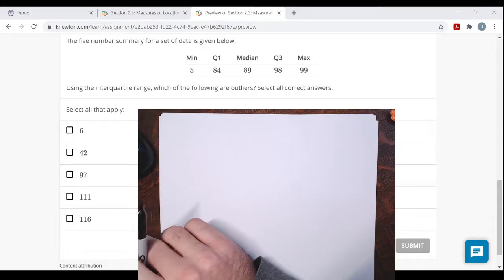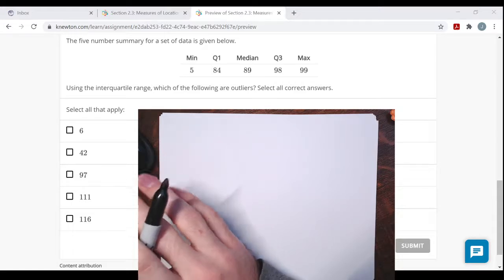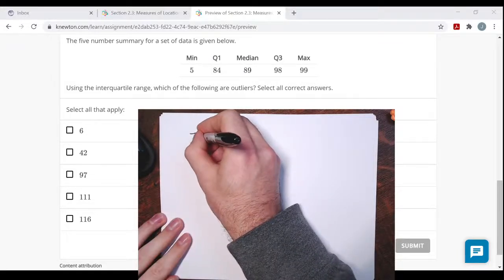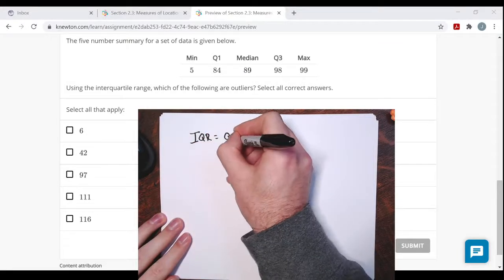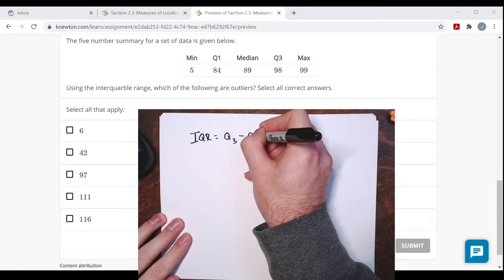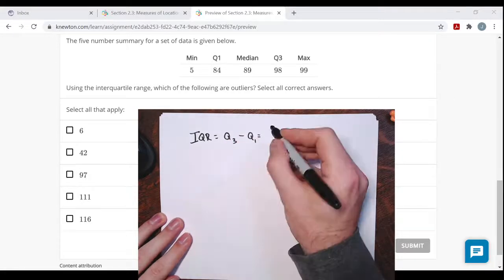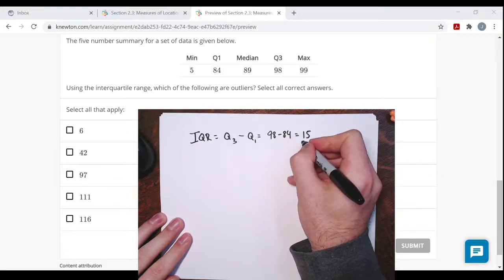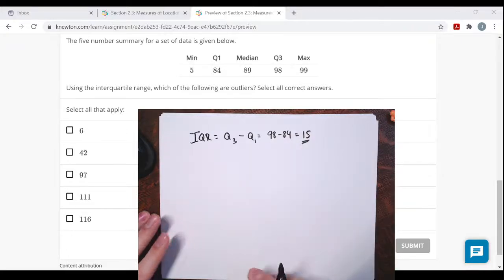We don't know all the data, but we see the largest and smallest and all the quartiles. The interquartile range, remember, is again Q3 minus Q1. In this case, it's 98 minus 84. That's 15, right? The interquartile range is 15 units long.